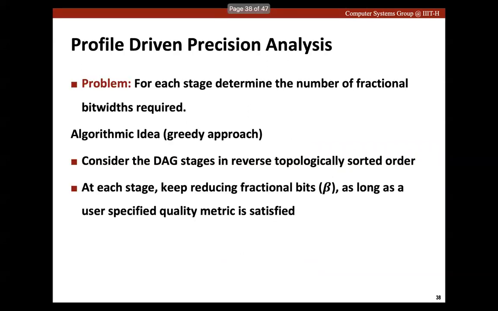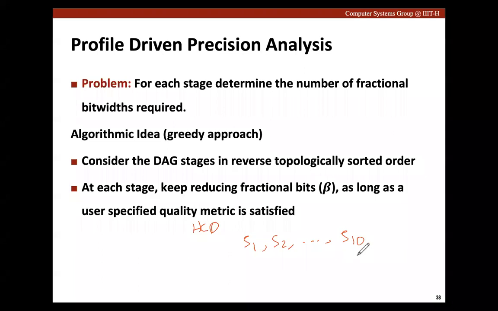For example, if you look at the Harris corner HCD, if you take the HCD stage, this is the topologically sorted list. If there are 10 stages, this is the topologically sorted list of stages.